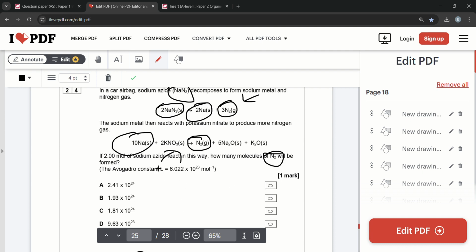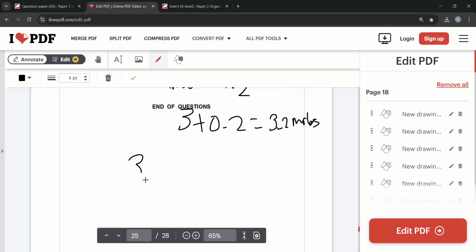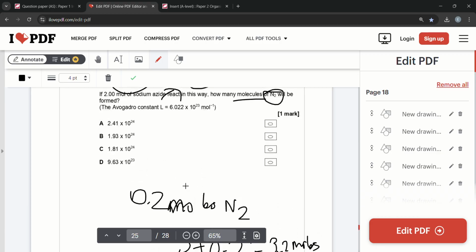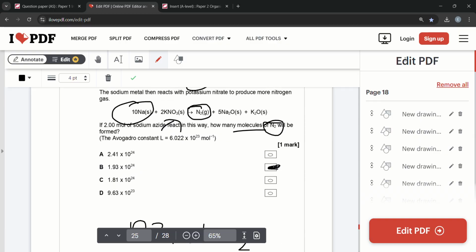But we want the molecules, so we need to times it. 3.2 times by Avogadro's constant. And if we do that, I should get 1.93 times by 10 to the power 24. There we go. That's the end of the multiple choice questions.